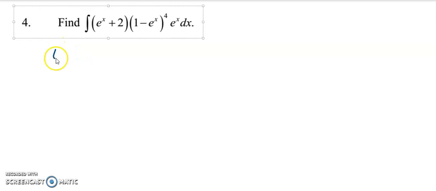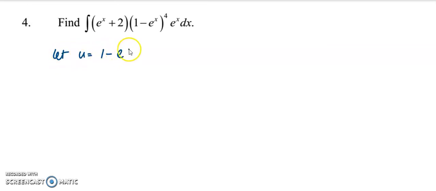Here I'm going to substitute u as 1 minus e^x, because here I have a power of 4, so I decided to let u equal 1 minus e^x. Try and see if this u can work. After you set u equals 1 minus e^x, du/dx equals negative e^x.